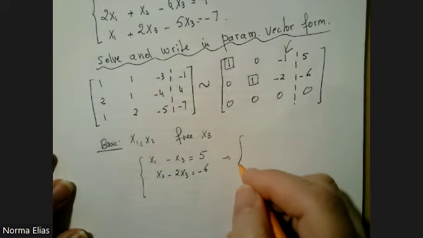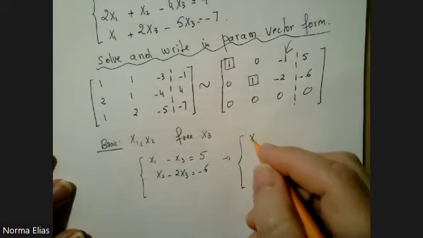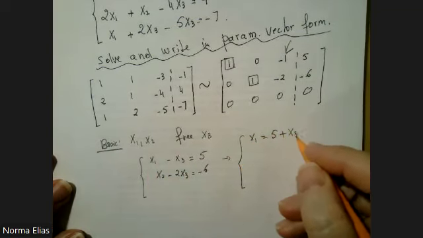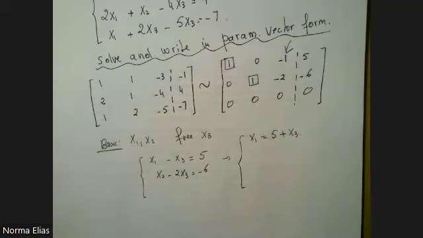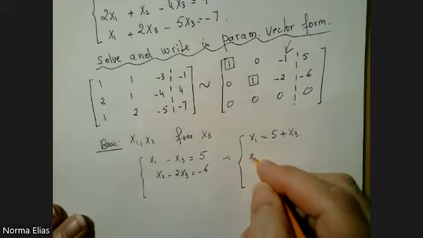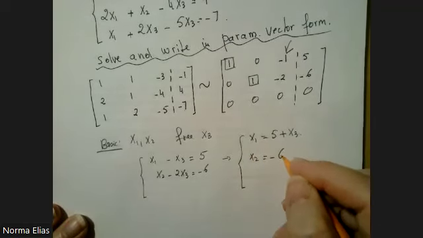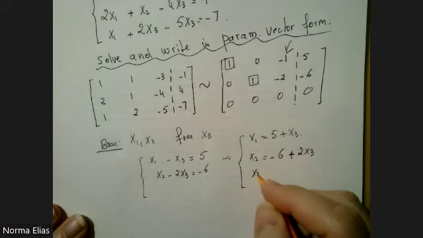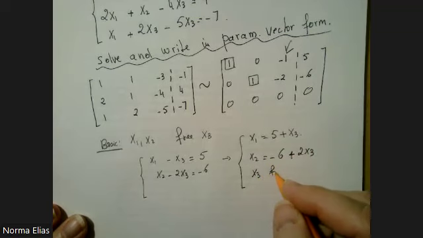So now the general solution: x1 is 5 plus x3. Because I went to the reduced echelon form, I did not have to do back substitution. x2 is -6 plus 2x3, and x3 is a free variable.